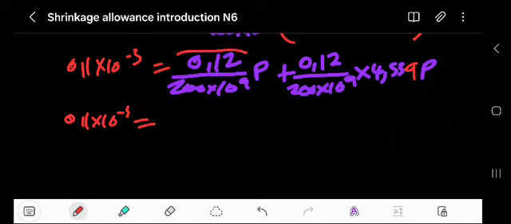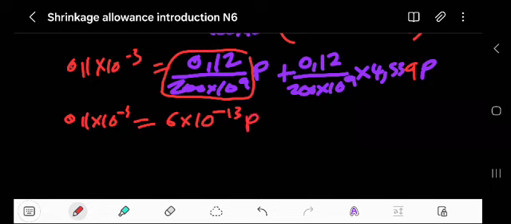So if I punch this alone on the calculator, 0.112 over 200 times 10 to the power of 9, we'll have 6 times 10 to the power of minus 13 like this, right?